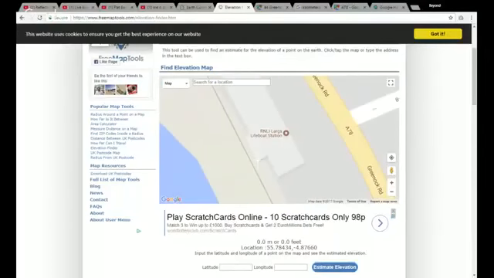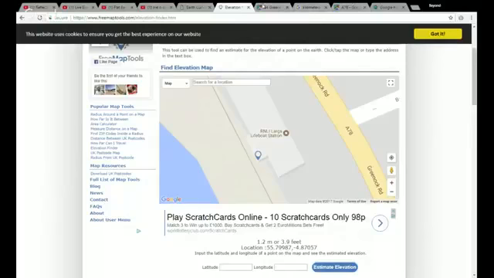So here, we're seeing at the bottom 1.2 meters or 3.9 feet. So we'll add the 2 feet of the height of the tripod and the camera, so 6 feet. So that's the first destination.